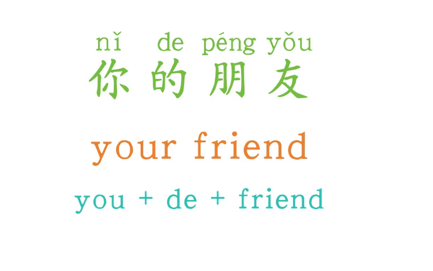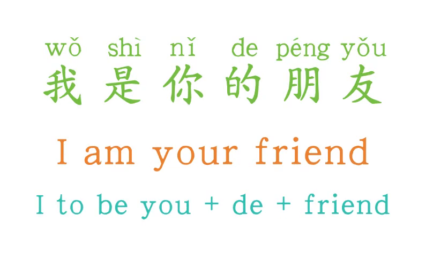Okay, so now we are equipped with the possessive and the word for friend. So now let's try to make a sentence. Try to say, I am your friend. How to say that? That is 我是你的朋友. Once more, 我是你的朋友.